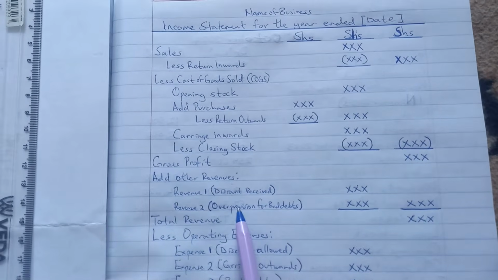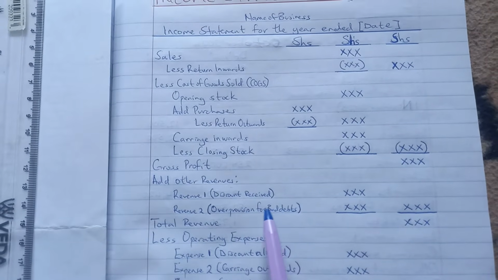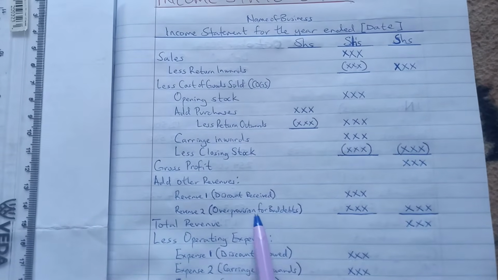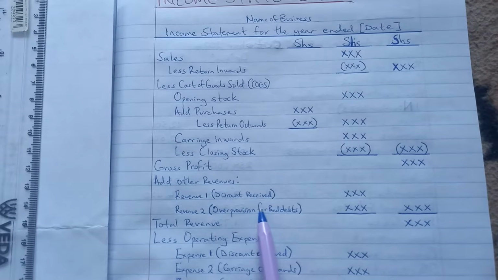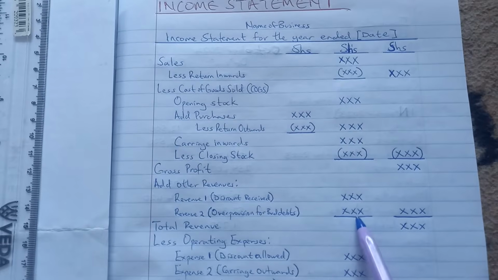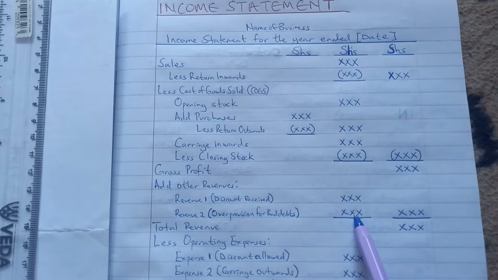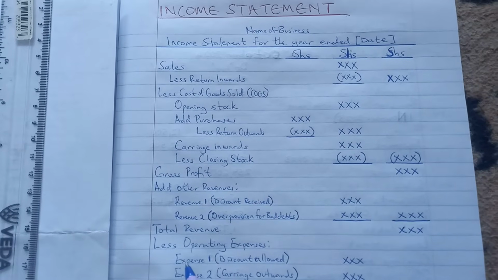In a calculation, you may find that under the provision for bad debts, there is either over provision or under provision for bad debts. The moment there is over provision for bad debts, it is considered as an additional amount to the revenue.